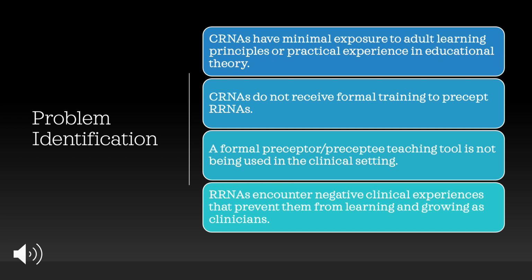Third, a formal preceptor/preceptee teaching tool is not being used in the clinical setting. Finally, SRNAs encounter negative clinical experiences that prevent them from learning and growing as clinicians. Due to these problems, this quality improvement project looks at different preceptor teaching tools that can be used in the clinical setting in order to enhance preceptor teaching skills and promote learning and critical thinking among preceptees.